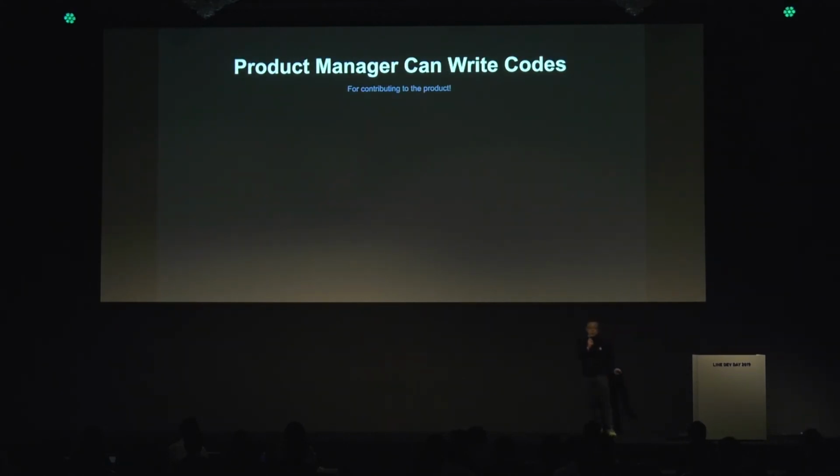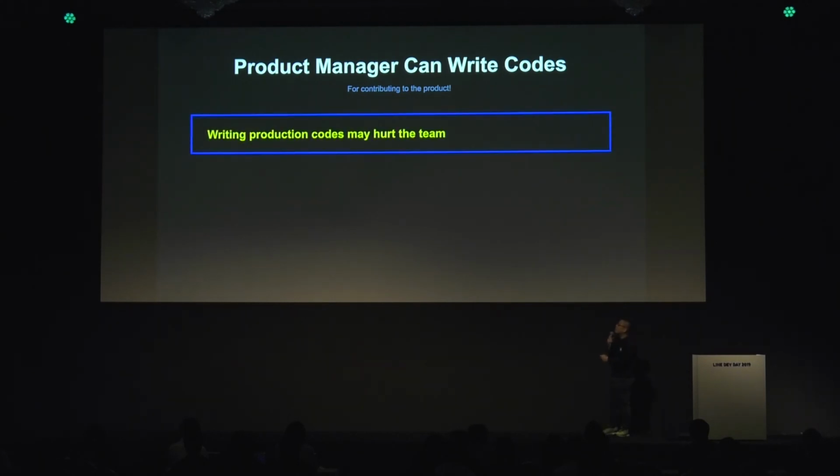And next, as I mentioned earlier, the product manager is now writing the test codes. So I talked with this product manager, and these are the key points. Originally he was an engineer, and if he has spare time, he wants to contribute to the team by writing code. However, a product manager is very busy, and for them to write production code, that would hurt the team.